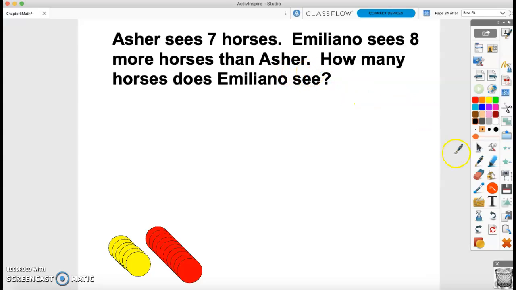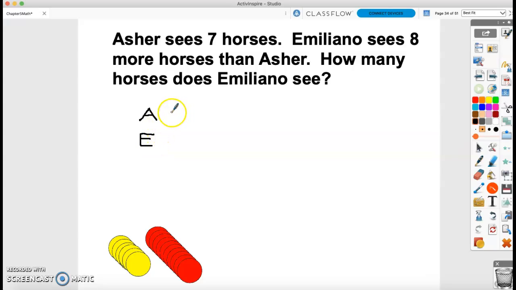So first of all, when I'm looking at this problem, I can draw a picture, and sometimes a picture helps me figure it out. So I'm going to label my picture. I know that Asher sees the horses, and I know that Emiliano sees horses. So I'm going to put an A for Asher and an E for Emiliano. And then I'm going to get my counters, the number of horses that they see.